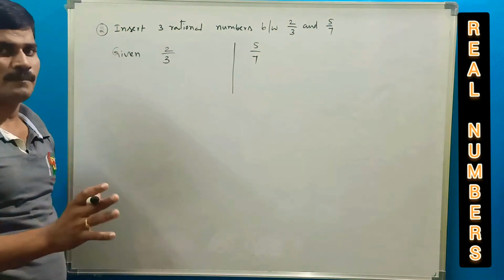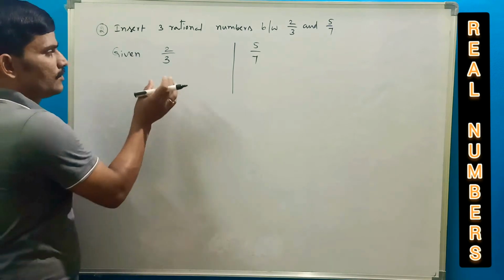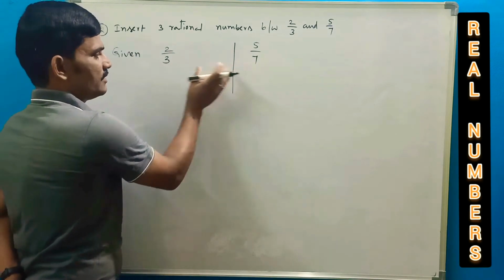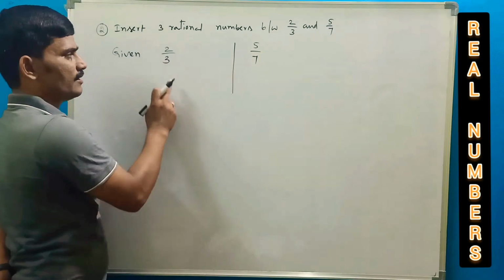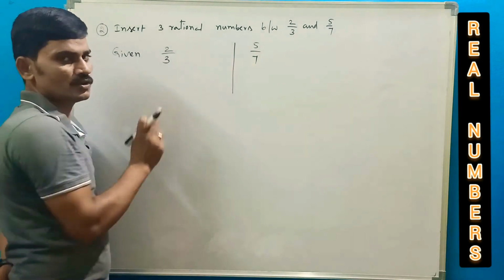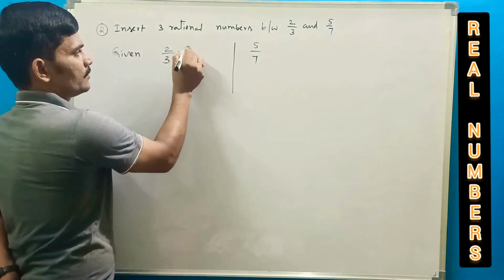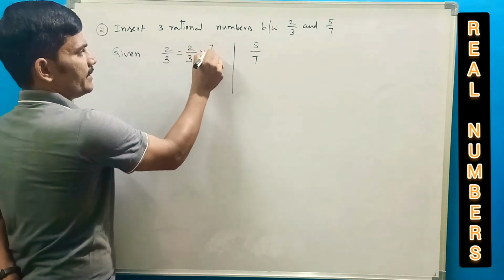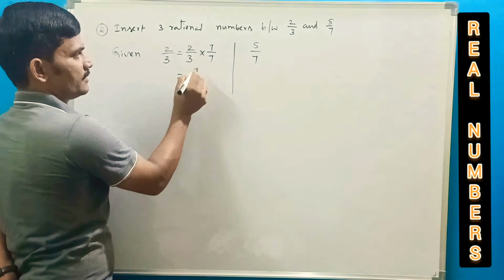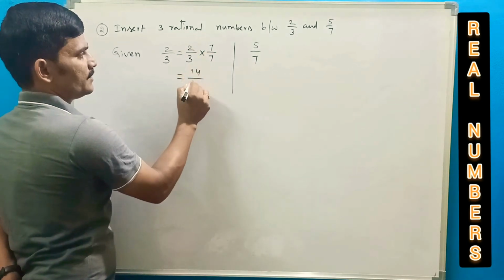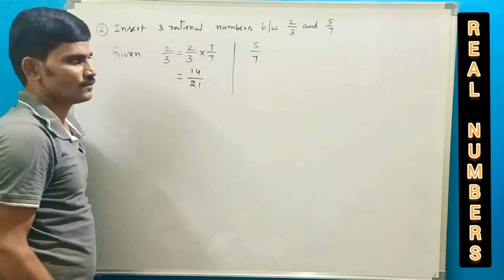First of all you should compare these two. So to compare any two fractions, the denominators must be equal. What is their LCM? 21. So you should make them 21. How? 2 by 3, let us multiply by 7 by 7, then it becomes 14 by 3 sevens, 21.